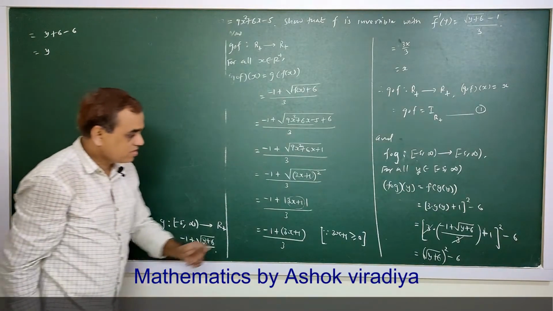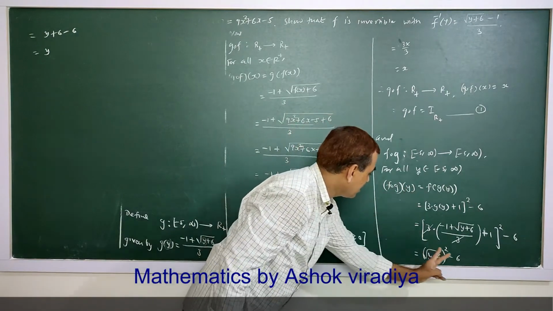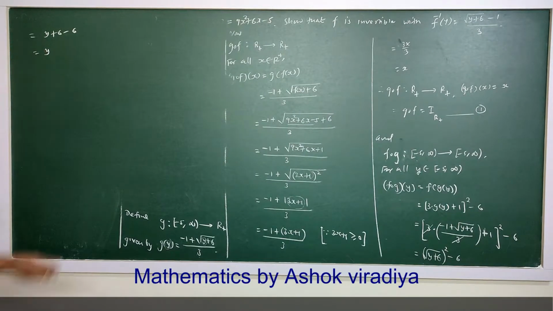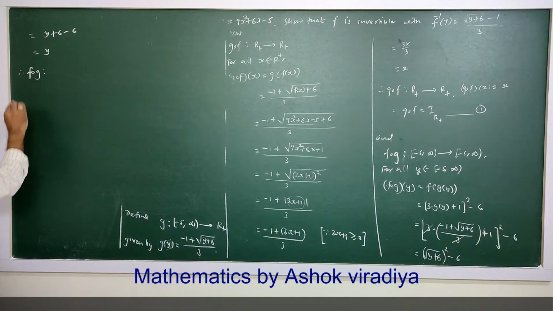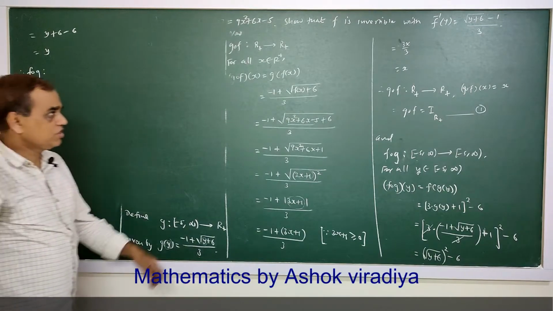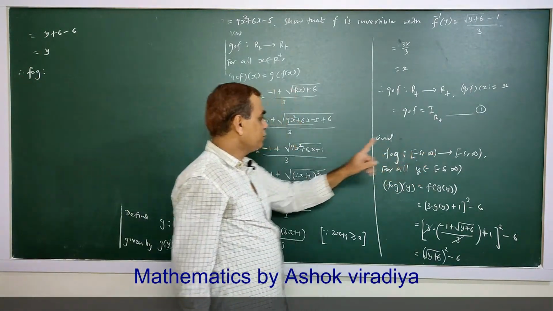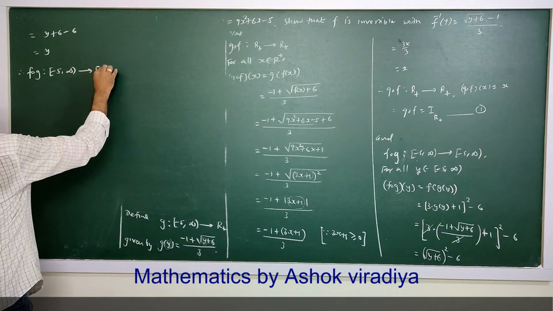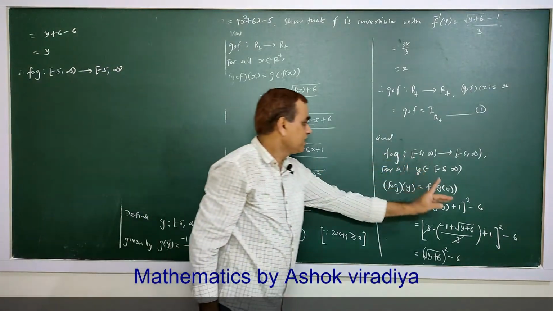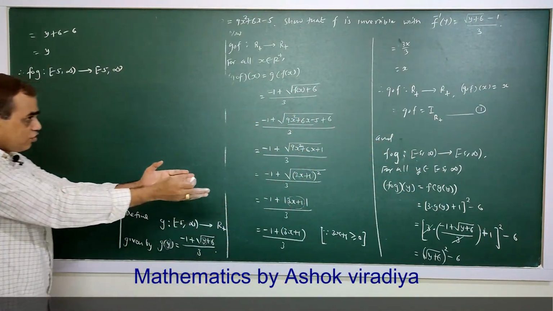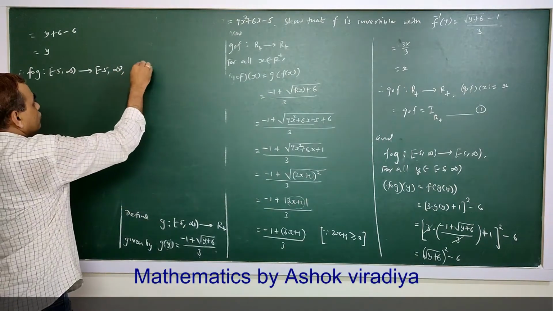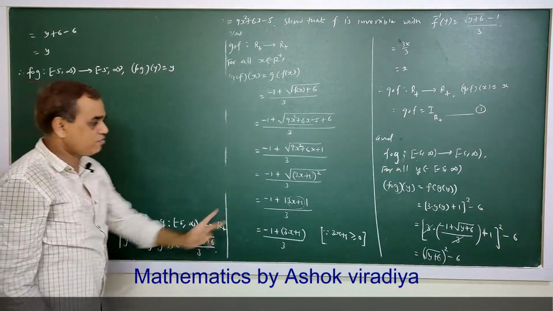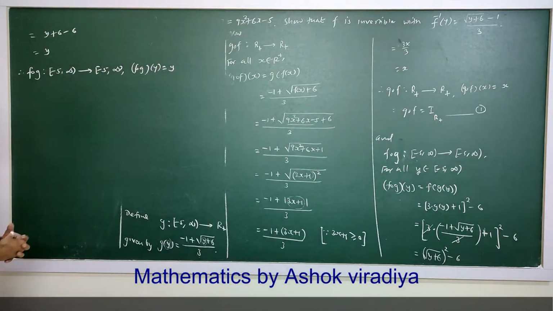So what is proved? FOG of y is y. Therefore FOG is from minus 5 to infinity to minus 5 to infinity, and its formula FOG of y equals y is derived.